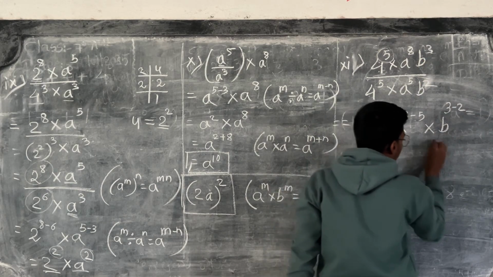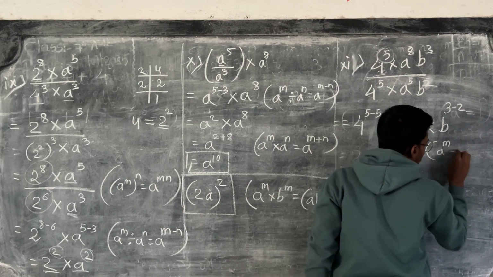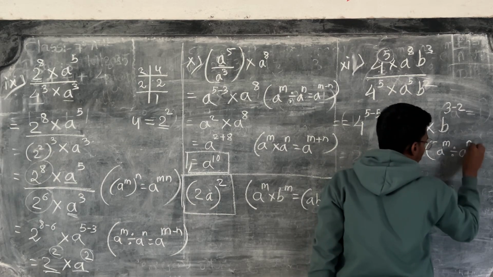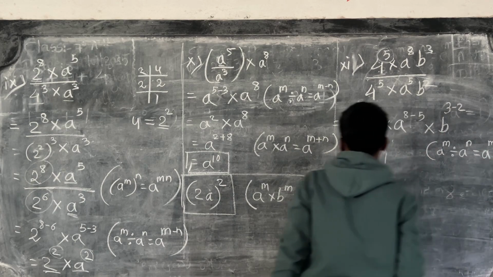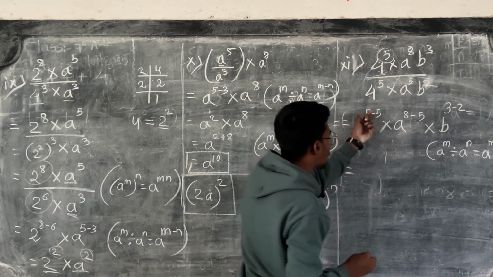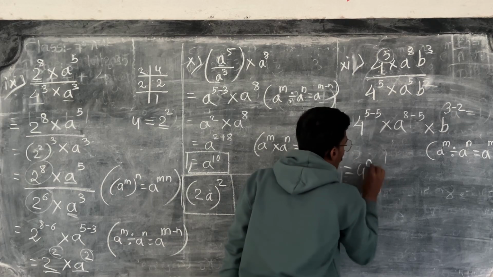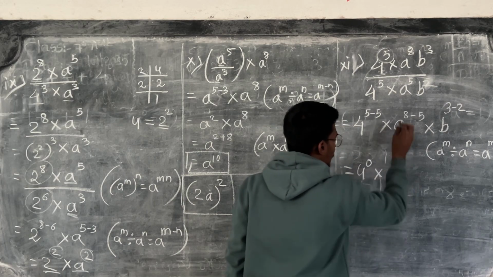Which identity do we apply here? a to the power m divided by a to the power n is equal to a to the power m minus n. When you subtract 5 from 5, you get 0.